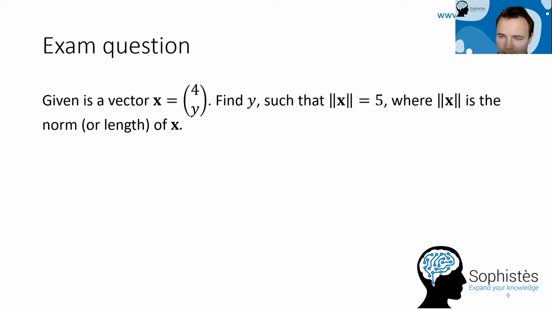And what I would suggest is that you first write down the formula of the length of the vector. So write down the formula for the length of vector x and see what you can fill in. And then if you eventually know the answer, you can type it via the chat with a direct message to me.